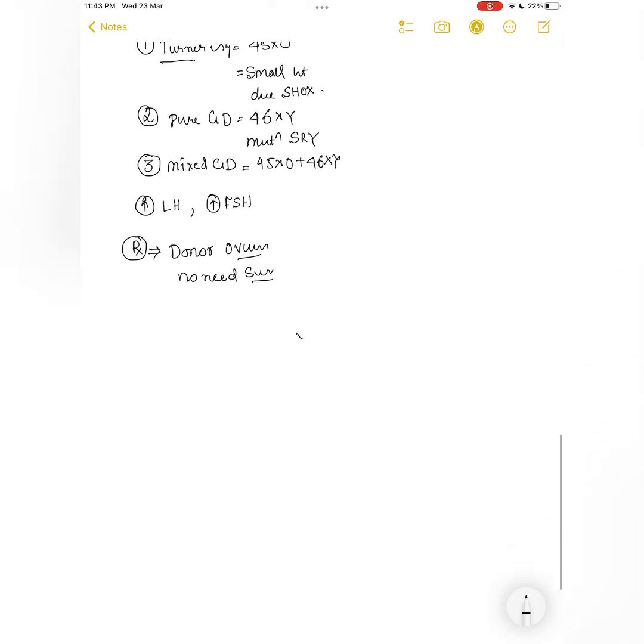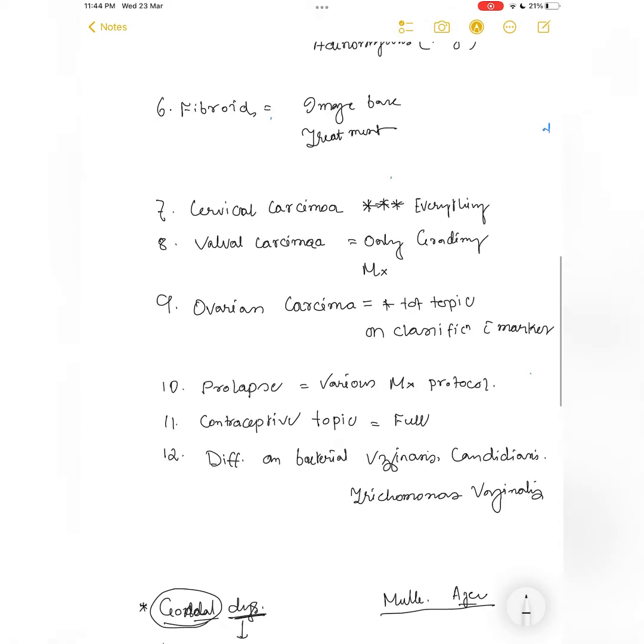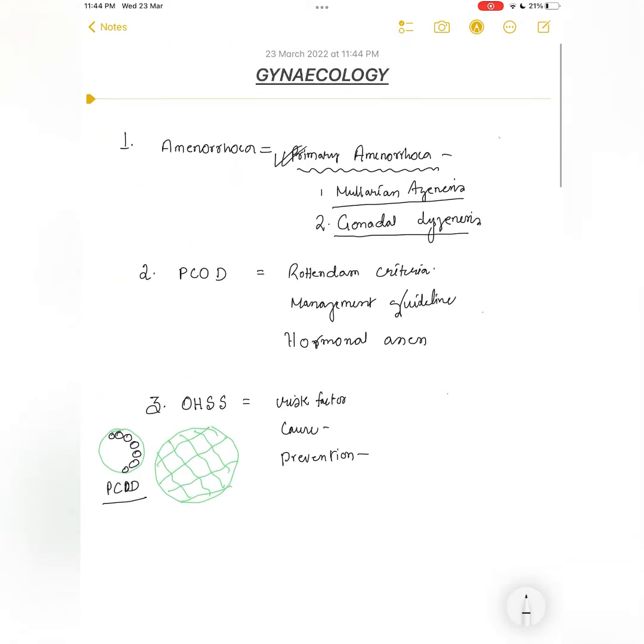During this topic, you also have to know about Kallmann syndrome, imperforate hymen, and, along with Rokitansky syndrome, androgen insensitivity syndrome.